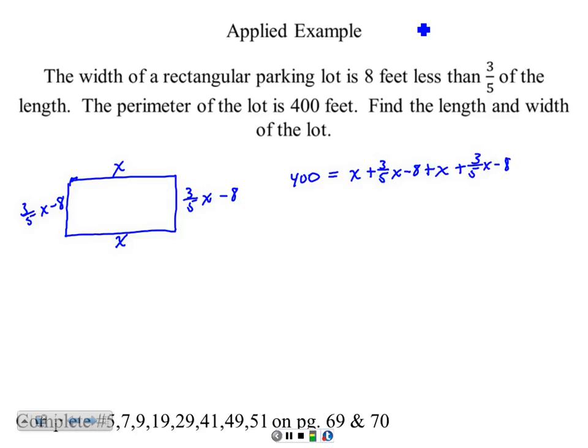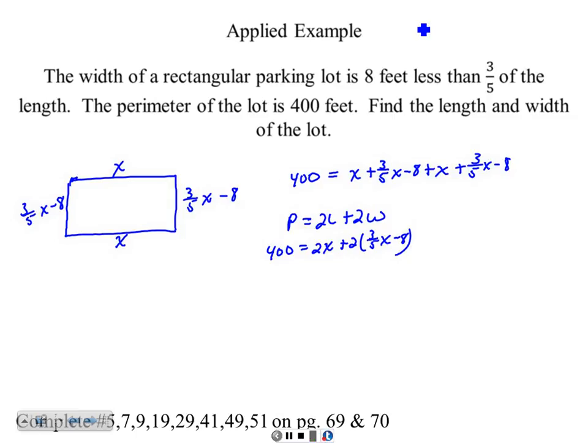Or, remember the formula for the perimeter of a rectangle: perimeter is equal to 2 length plus 2 width. I just think this would be easier. So 400 is equal to 2 times the length, which is x, plus 2 times the width, which is 3/5 x minus 8.